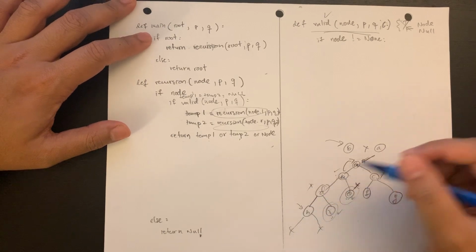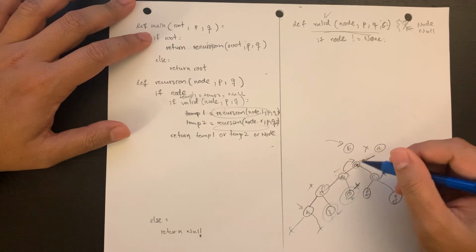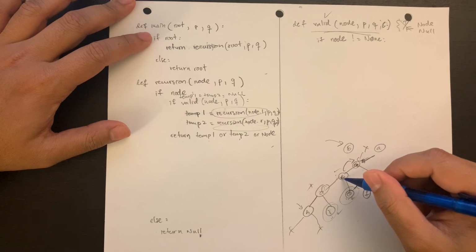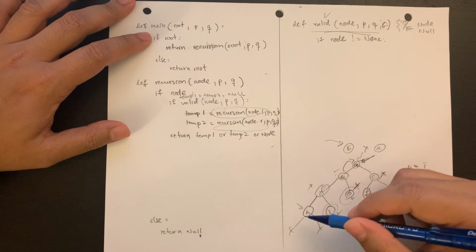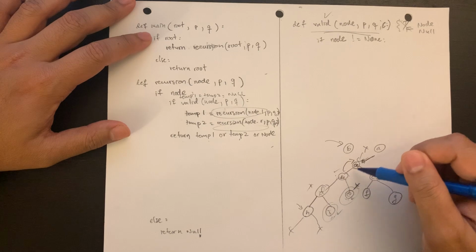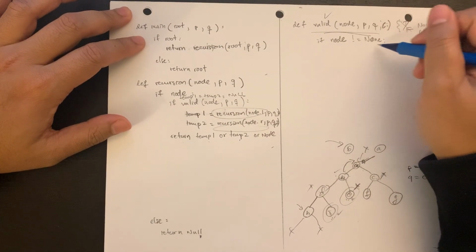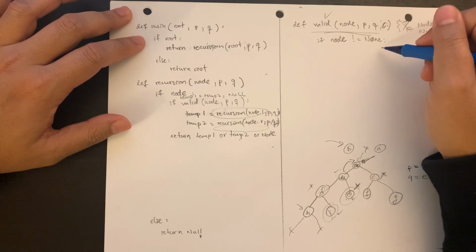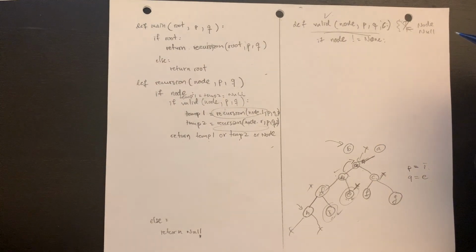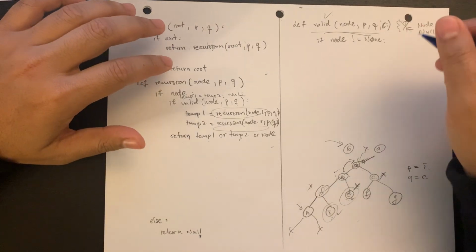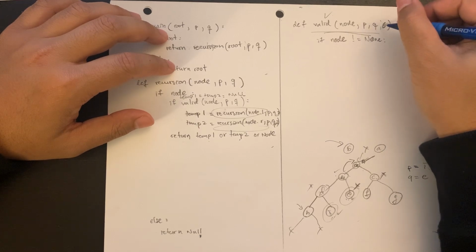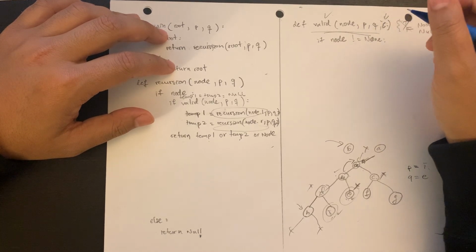Alright, so let's say if this is the case, we want to go left, left, left. So first we need to check if it's not none. I think we need to pass this as like an object. So this is like a list of 2.